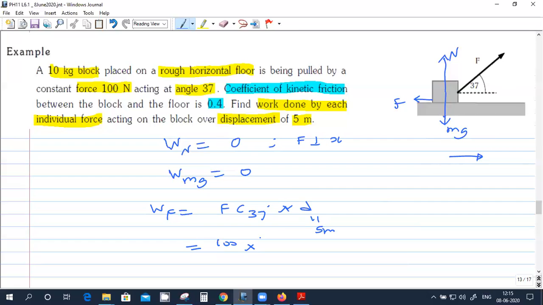How much is cos 37? 4/5. You have to remember this triangle. This angle is 37, this angle is 53. The angle opposite the smaller side will be the smaller angle. So cos 37 will be 4 by 5, into 5.